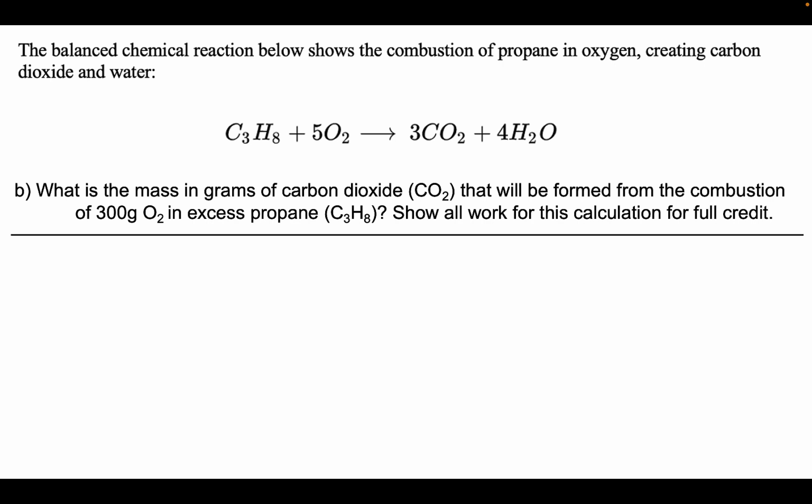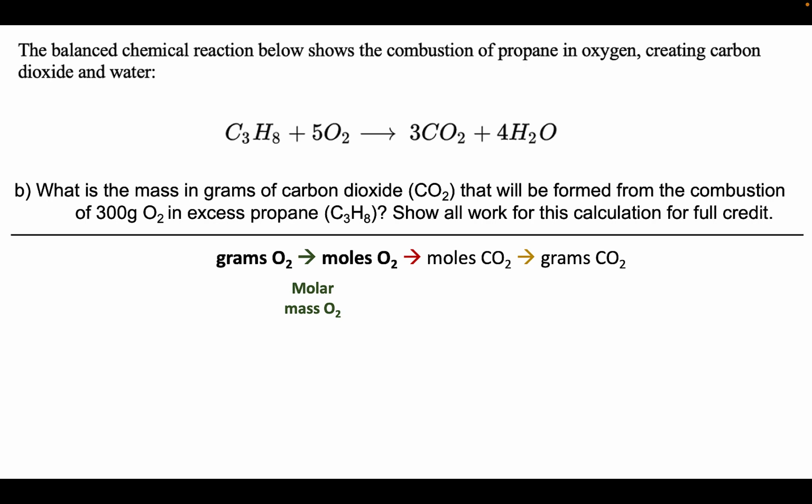How does this question change? And so really the process is exactly the same, right? We're going from grams of oxygen now to moles of oxygen to moles of CO2 to grams of CO2. Now instead of the molar mass of the propane, we're going to use the molar mass of the oxygen to get from grams of oxygen to moles of oxygen, then the mole ratio again, and the molar mass of CO2.